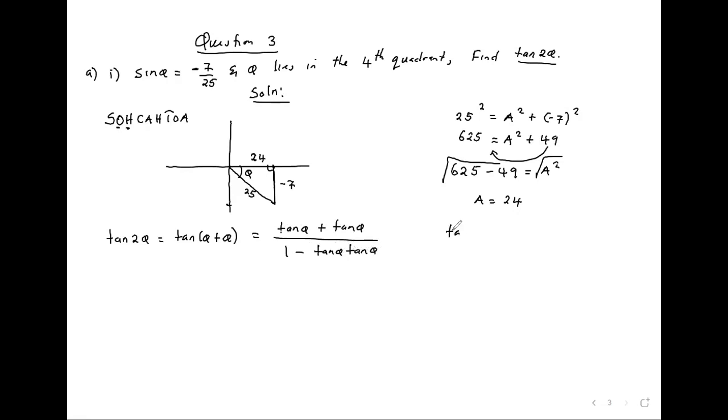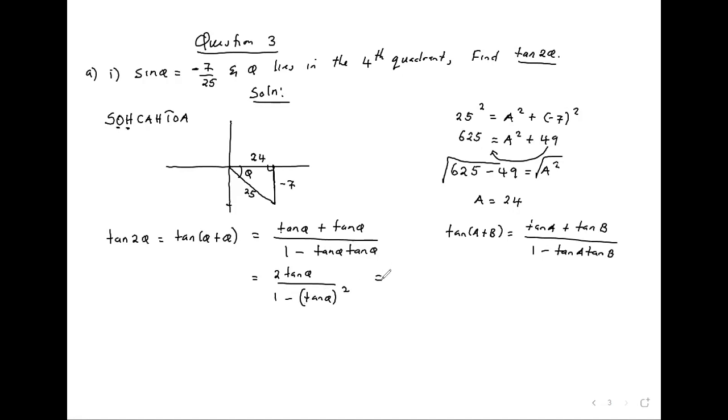From the expansion of tan(A plus B), which is tan A plus tan B over 1 minus tan A tan B. So that's the same as 2 tan theta over 1 minus tan squared theta.